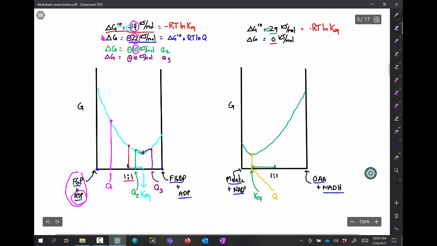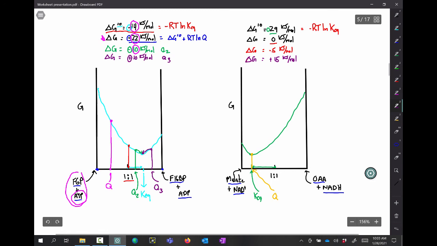Now, you can on your own, if you want, do this. We can give some more values here. We could say, all right, let's have an actual free energy change that's equal to -5 kilojoules per mole. Or we could have another one that's equal to positive 15 kilojoules per mole.